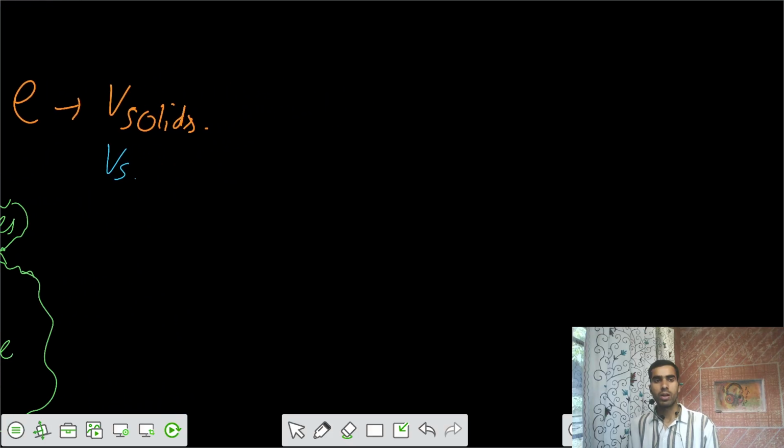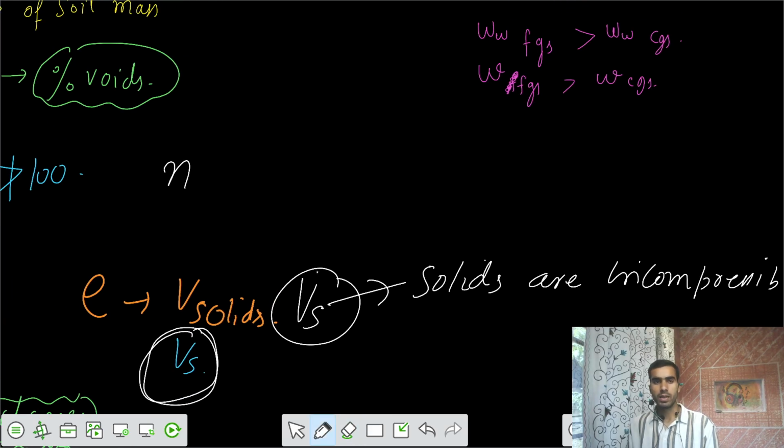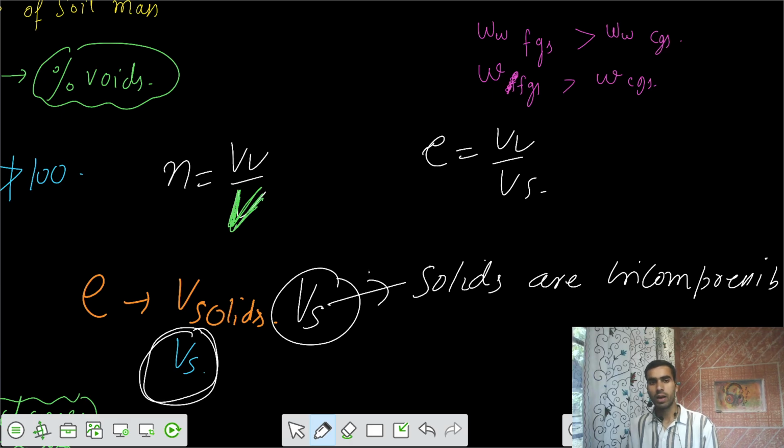But if you talk about the void ratio, it only accounts for the volume of solids. We say solids are incompressible, so the volume of solids is not going to change. See the top: n equals Vv by V, and e equals Vv by Vs. Comparing the denominators, this part is going to change, but this part is not.